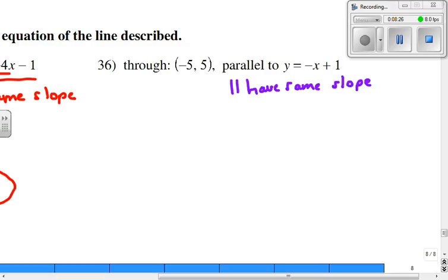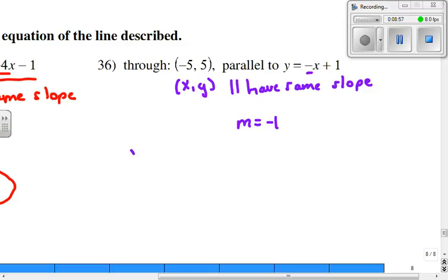So that means our line, since it's parallel to y equals negative x plus 1, is going to have the same slope. So our line is going to have a slope of negative 1, since that's the slope in y equals negative x plus 1.